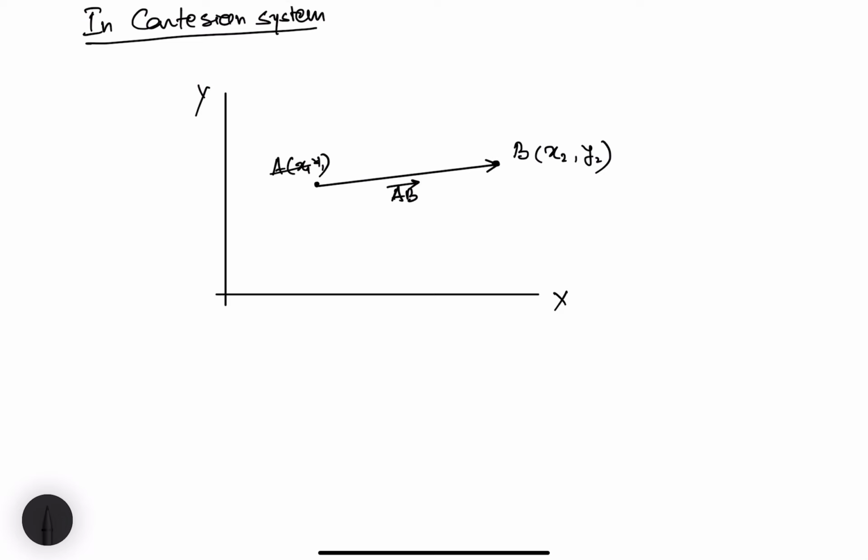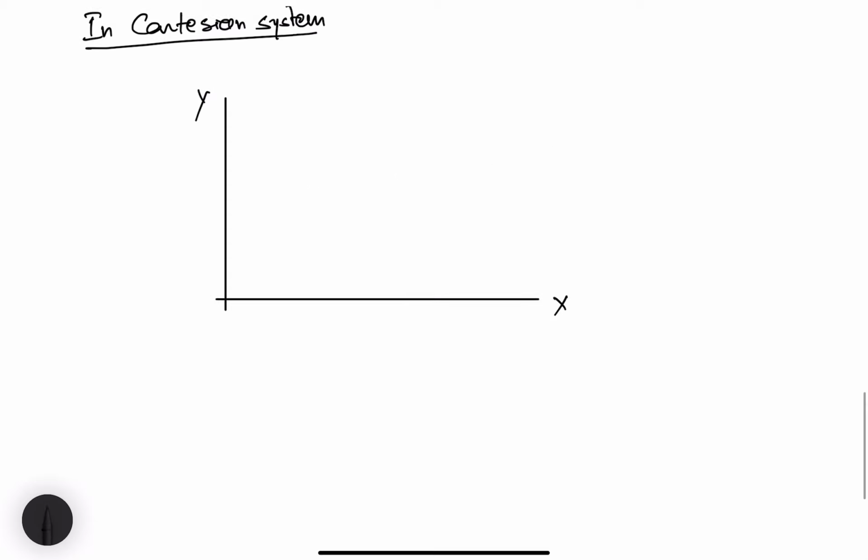I can just give a slightly better example. Suppose I have a point A which is x1, y1. I have a point B which is x2, y2.